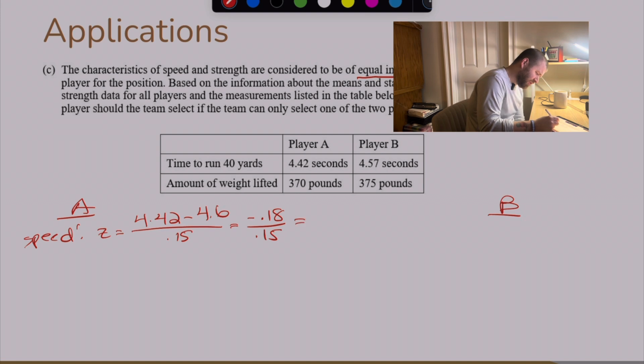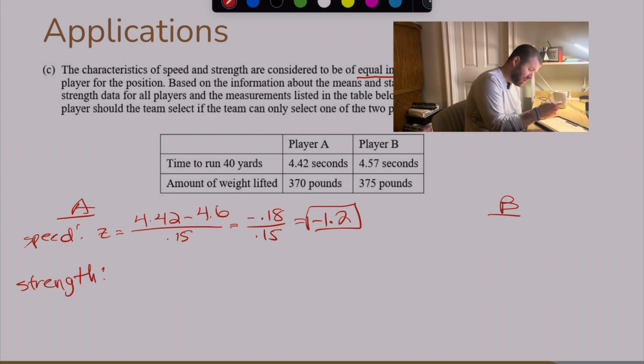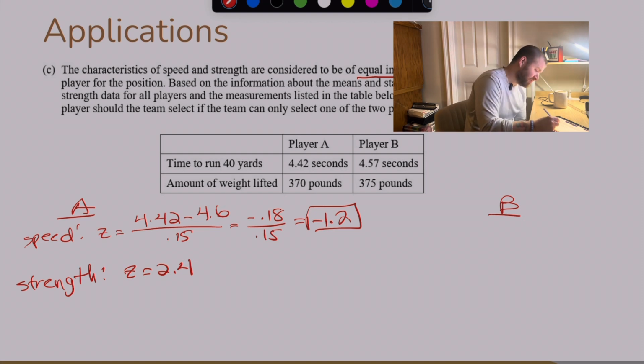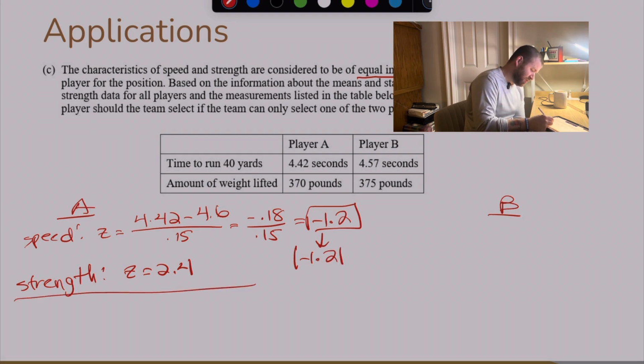And if I do that correctly, that is negative 1.2. And then for strength, they do the same thing. That was the z-score from before, which is 2.4. Now here's the thing. For speed, a lower z-score is better. It means you're faster. So here we can take the absolute value and say this person's total is 3.6.